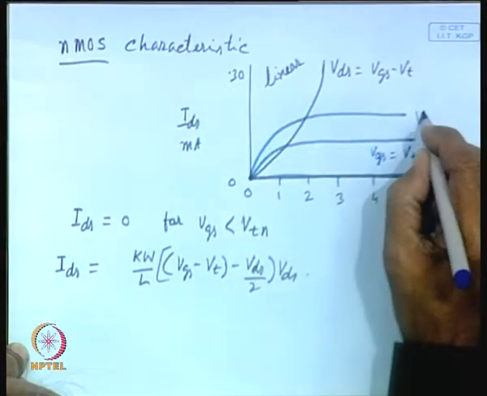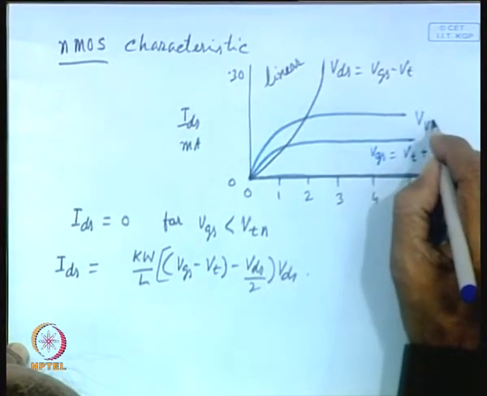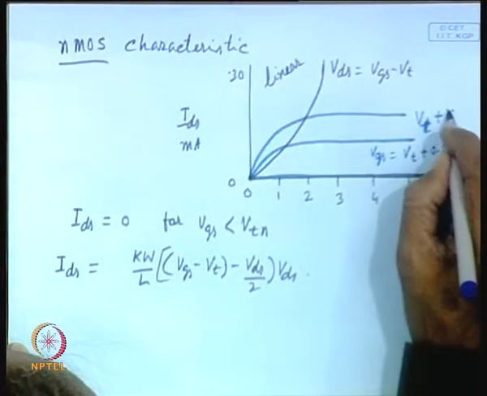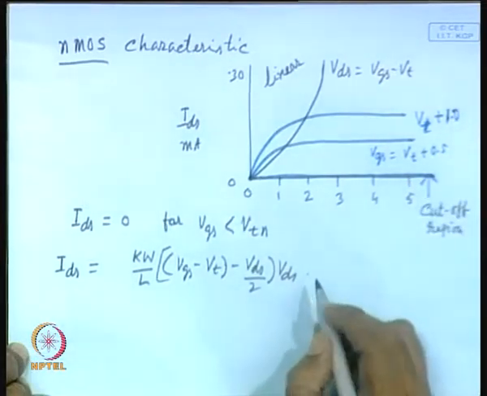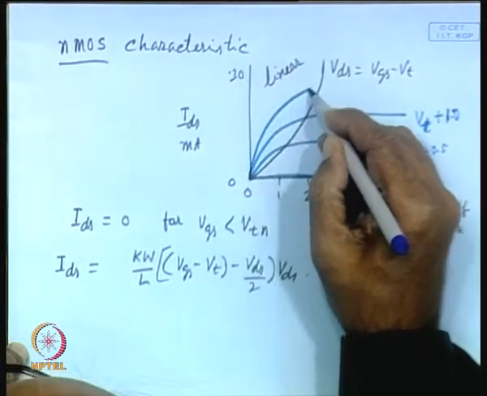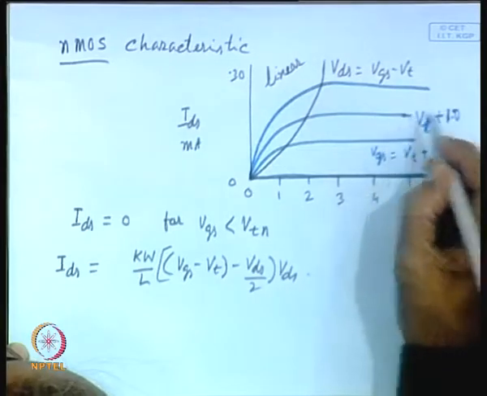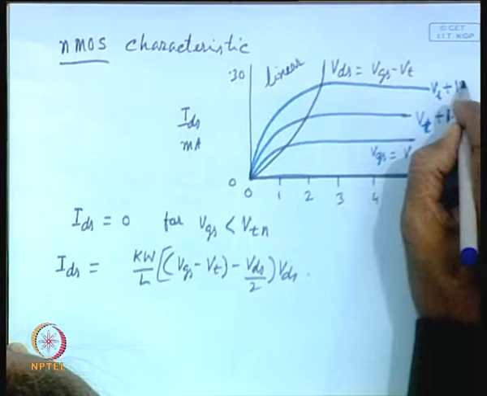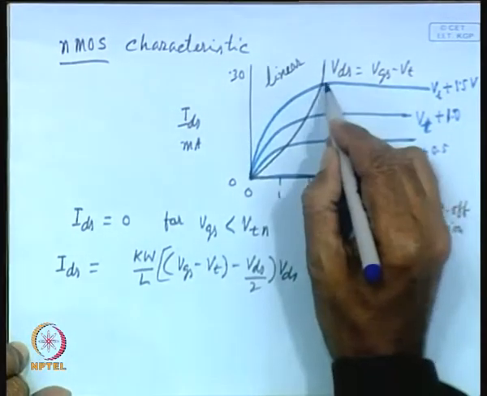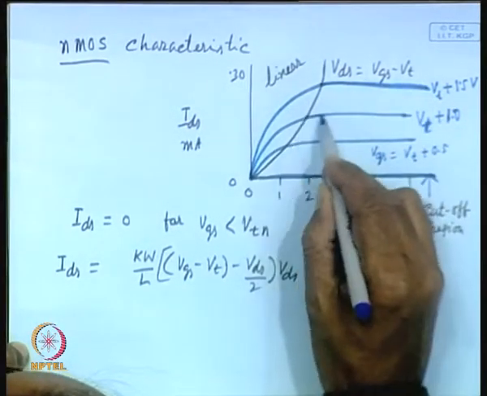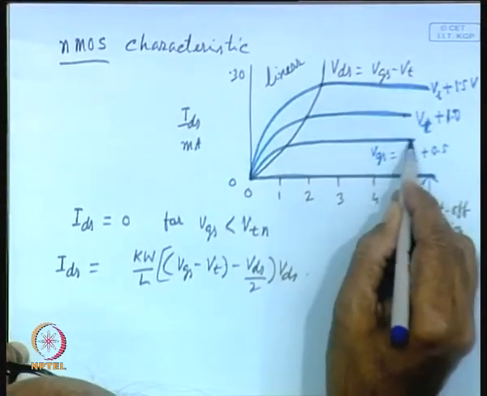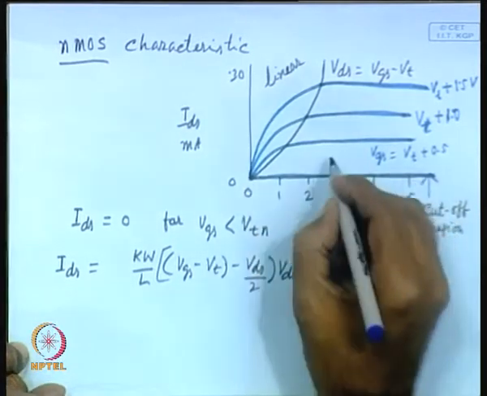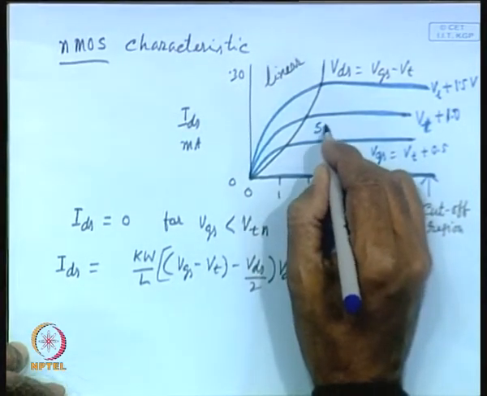This corresponds to VT plus 1.0 volt, and this will correspond to let us assume VT plus 1.5 volt. Okay. So, in this part the current is constant. So, this is the saturation region. So, this is the linear region, this is the cutoff region, and this is the saturation region.